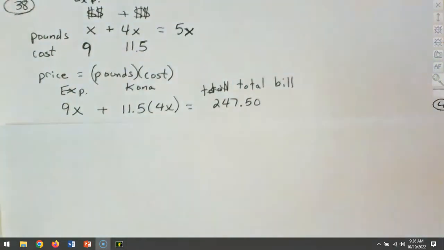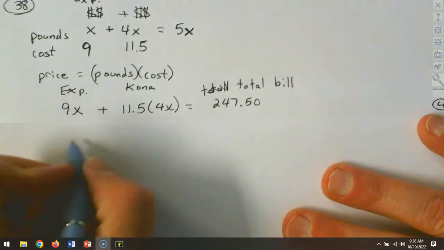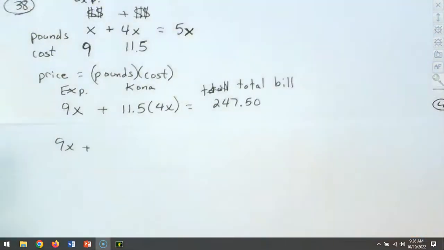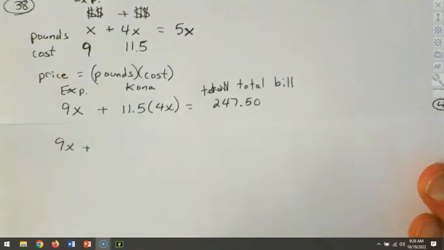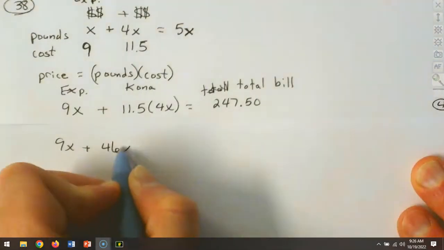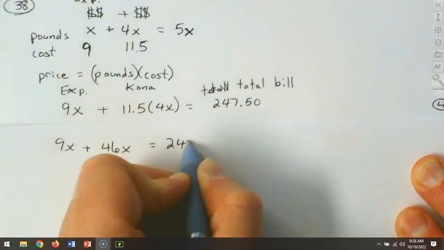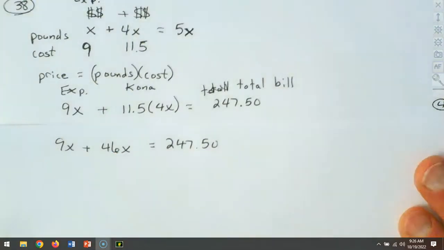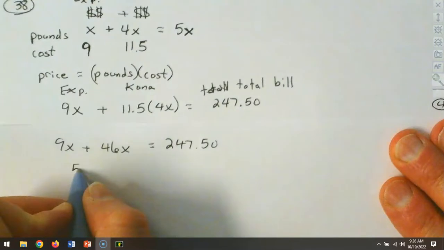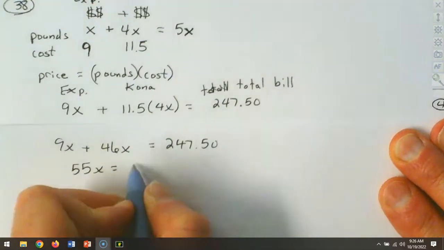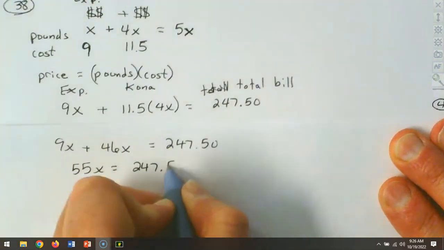So I'm going to go ahead and combine these together. I've got 9x, and then I've got 4 times that 11.50. And that's 46x, and that equals your 247.50. Adding those together, that gives you 55x equals that 247.50.